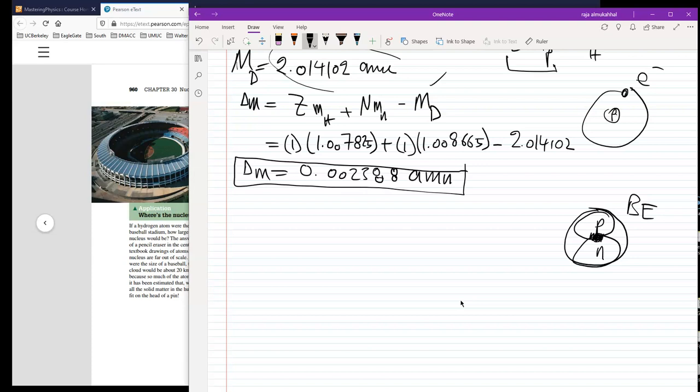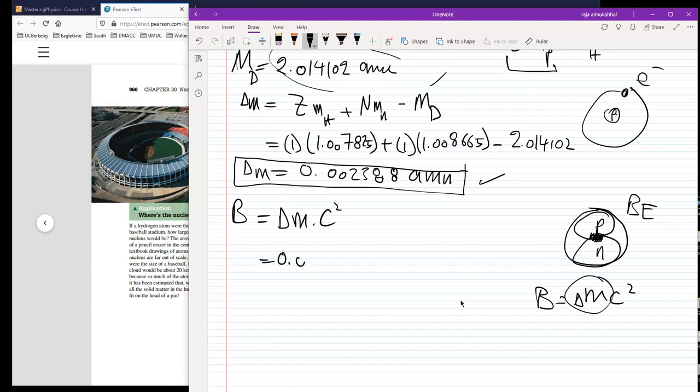Okay? And this binding energy is equal to mc squared. But this m is the mass defect, delta M, this one. So if I want to calculate the binding energy, it's nothing but delta M c squared.